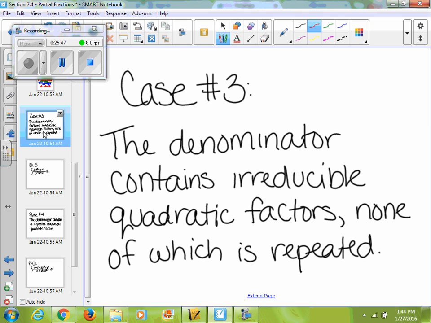Case 3 is when your denominator contains irreducible quadratic factors.